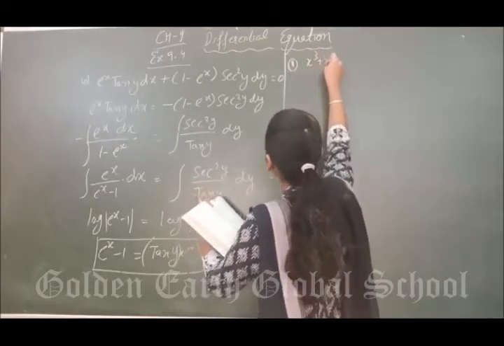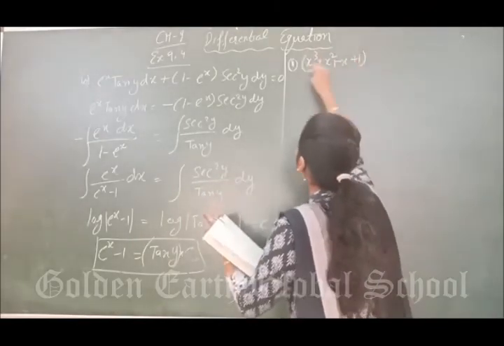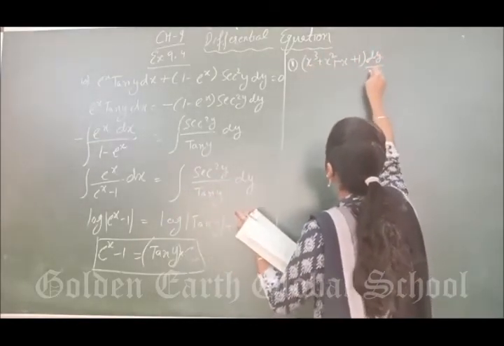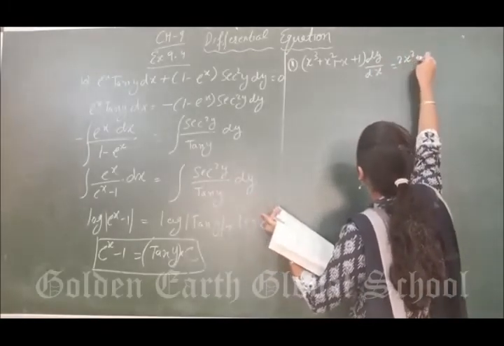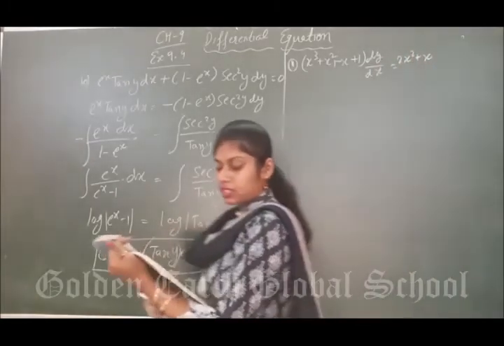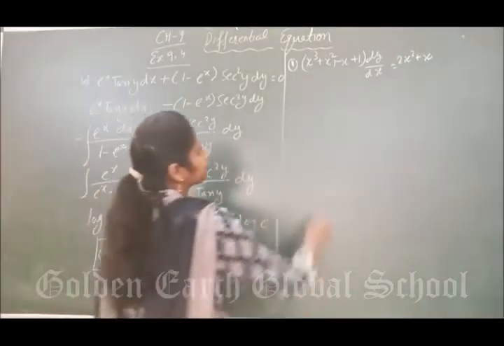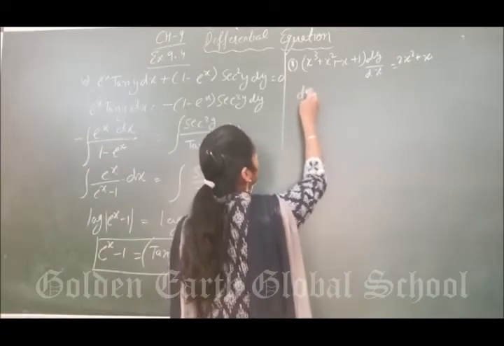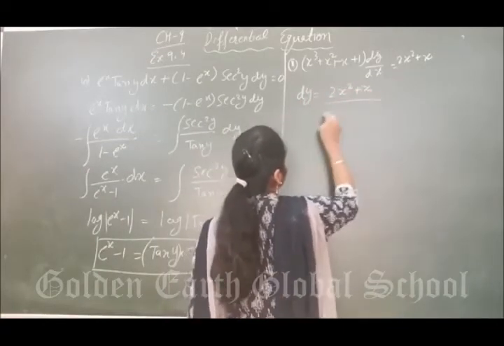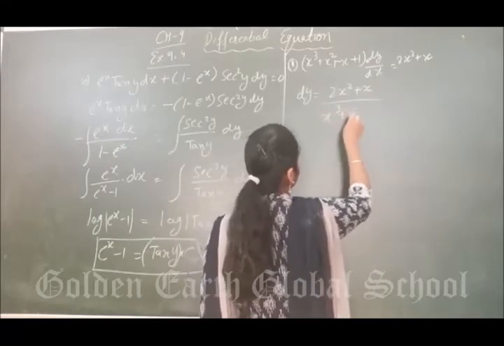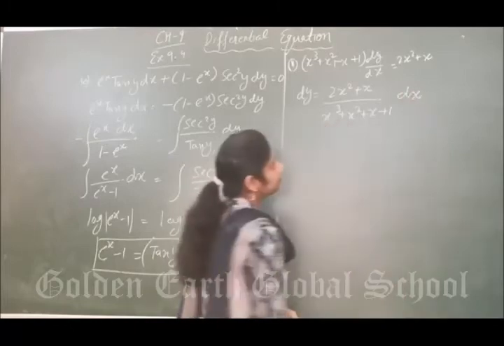(x³ + x² + x + 1) dy/dx equals 2x² + x. First of all, shift the x terms to the right hand side. dy equals (2x² + x) upon (x³ + x² + x + 1) dx.